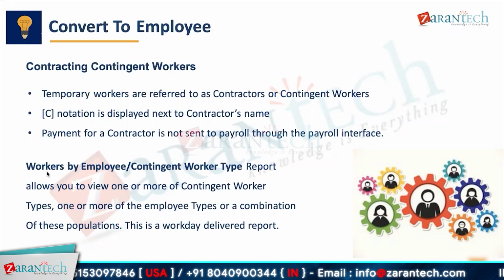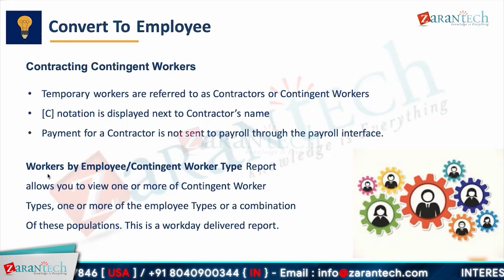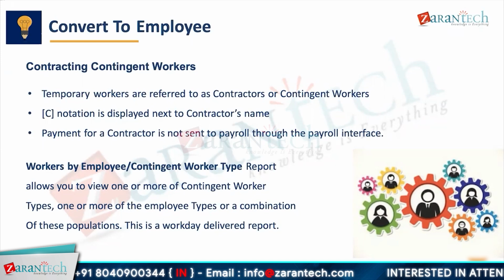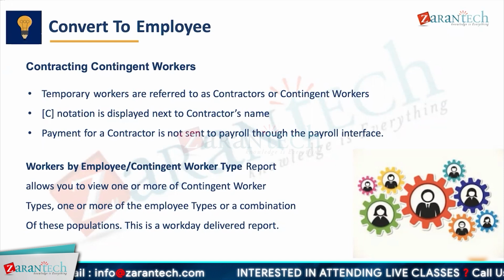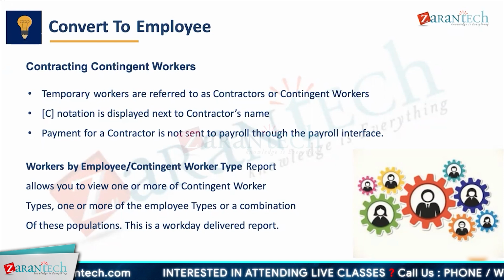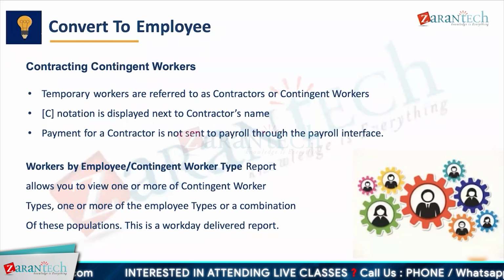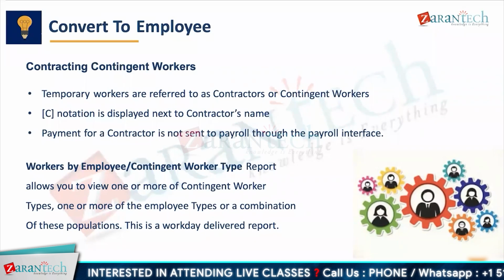Generally, in reports, when we use the term workers, that includes employees as well as contractors. But if we use the word employees, it means we are not counting contingent workers.